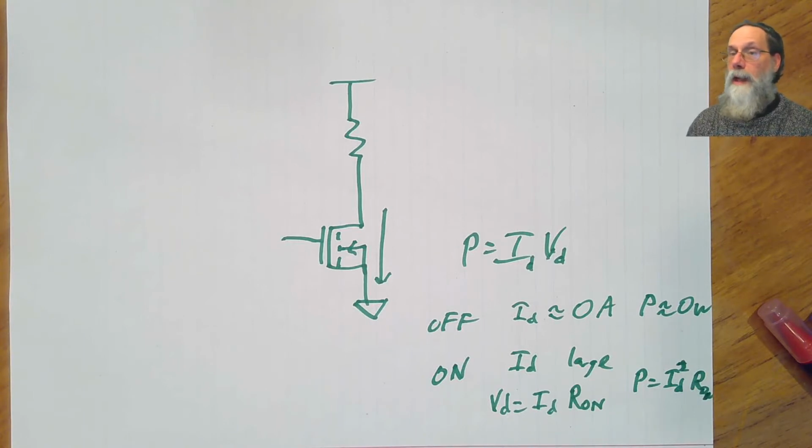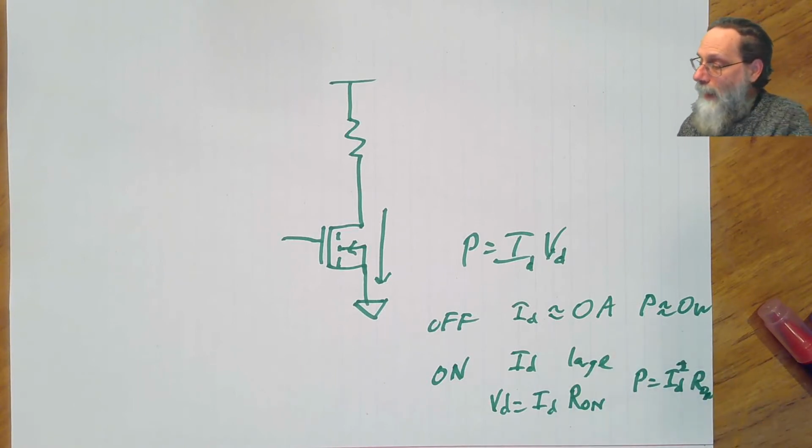The only way we can keep that small is either switching small currents, but the whole point of the power transistor is to switch large currents, or keeping our on resistance small. That generally means larger transistors, more expensive transistors, and it also means transistors that take longer time to turn on and off because they have a bigger gate capacitance.